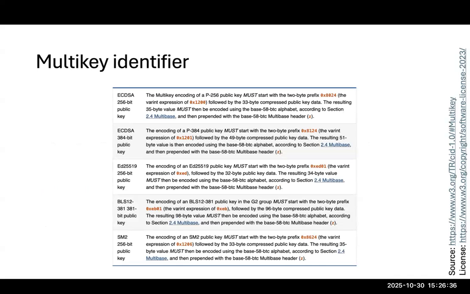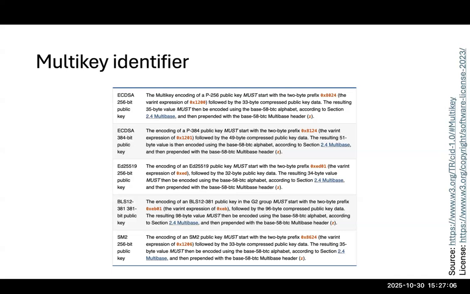For example, Ed25519. The encoding of this public key must start with a 2-byte prefix, in particular AD01, followed by 32 bytes of public key data.